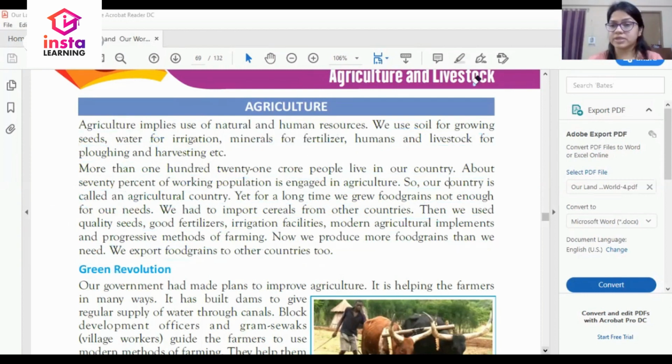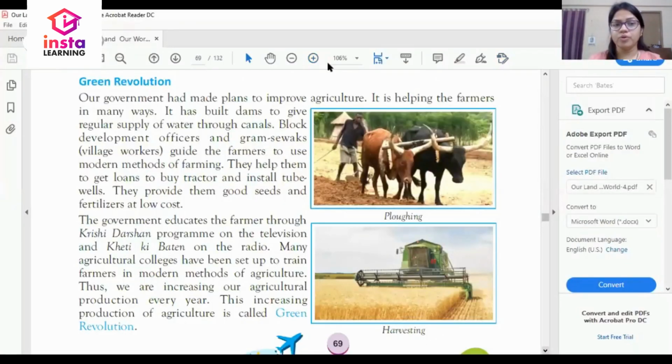Let's discuss the Green Revolution. Our government has made plans to improve agriculture. It is helping the farmers in many ways. हमारी सरकार बहुत सारे प्लान्स बना रही है एग्रीकल्चर को इम्प्रूव करने के लिए, जो फार्मर्स को बहुत तरीके से हेल्प करेंगी.